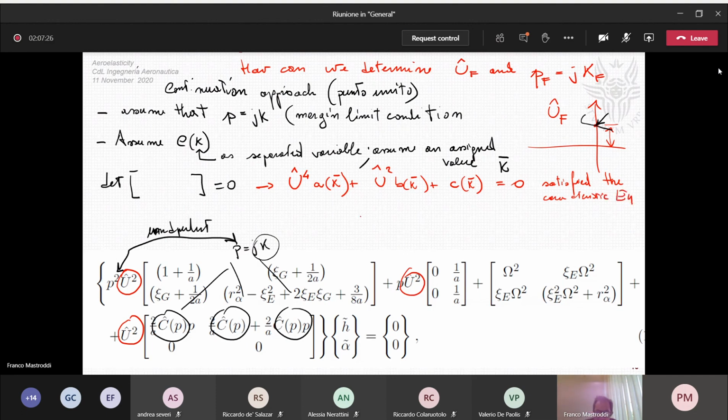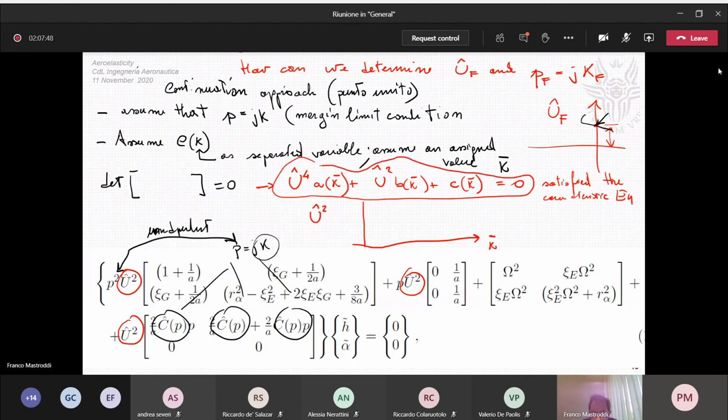And you may evaluate for any value of K bar a value for u infinite to the power 2 by solving this biquadratic equation, which is your characteristic equation.